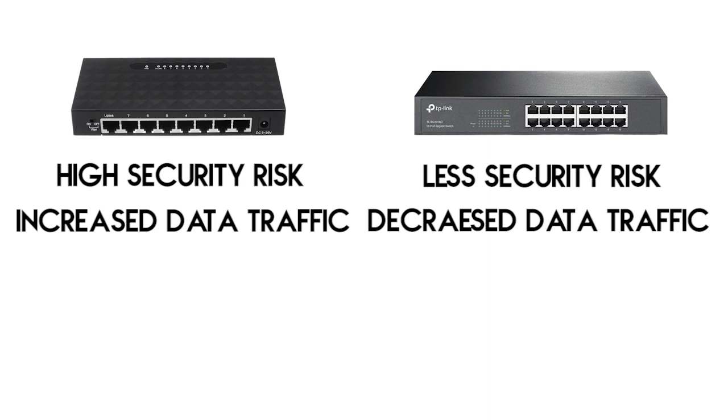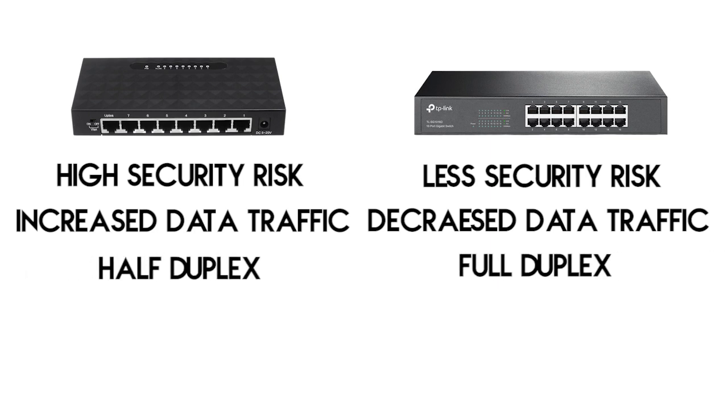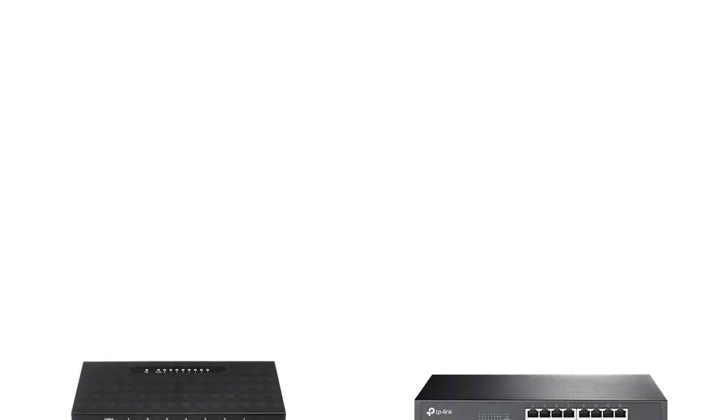And also, the hub uses a half duplex mode while the switch uses a full duplex mode. The hub is a layer 1 device, meaning it has no knowledge of addresses. All it does is repeat any data it receives. On the other hand, the switch is a layer 2 device, meaning it learns about addresses, specifically MAC addresses.